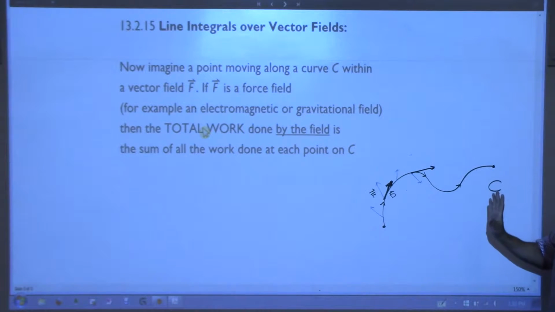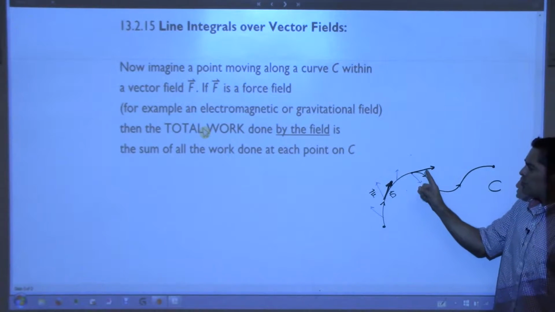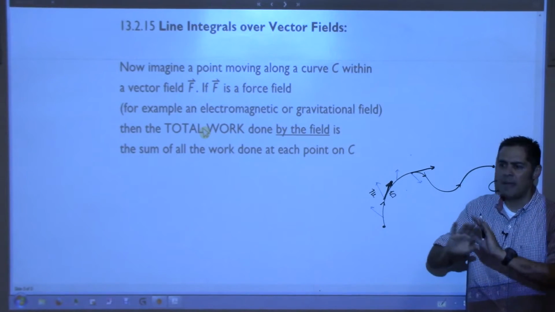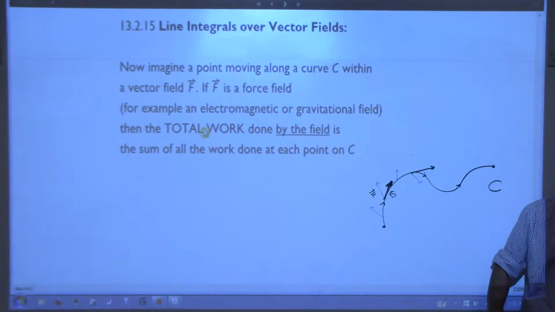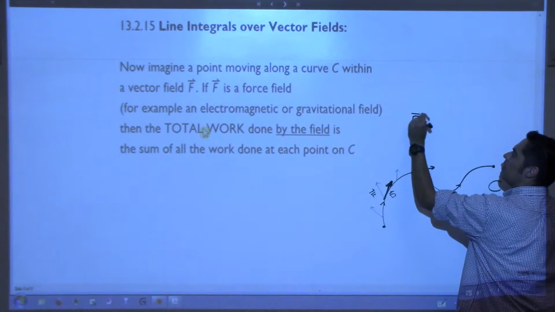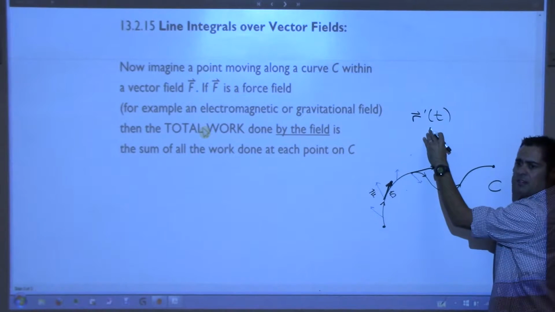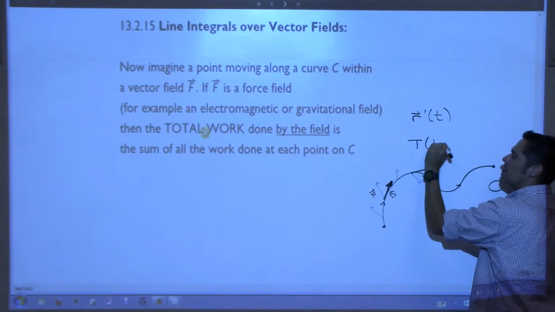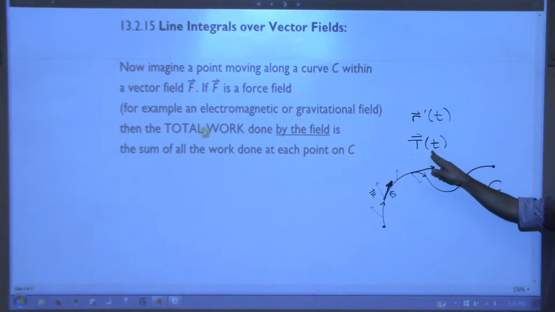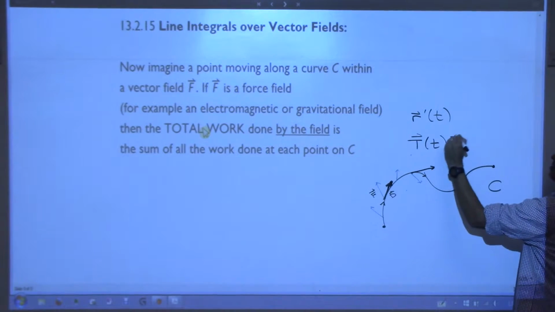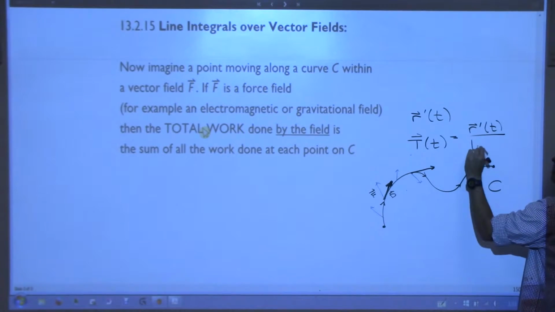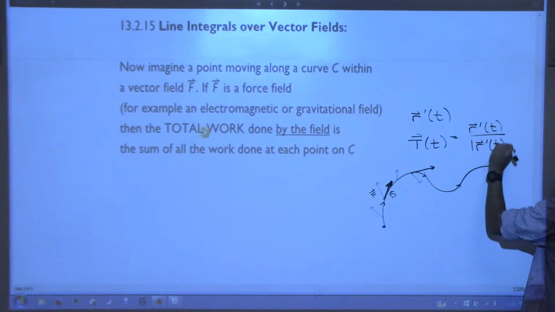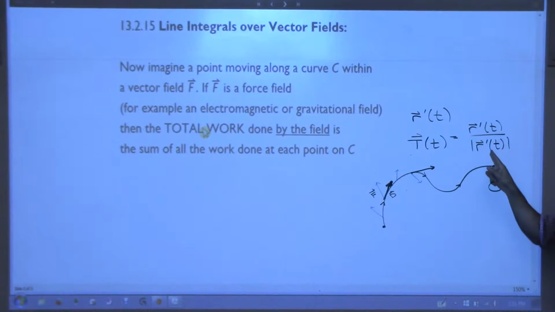So what we do is this. First, we create all these black vectors and make them all unit length, so they all have the same length. How do we do that? Let me remind you, isn't this right here the tangent vector? What is capital T? That's the tangent vector divided by its own length, which gives you a unit vector.